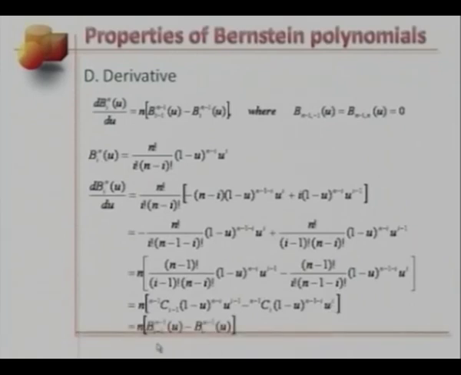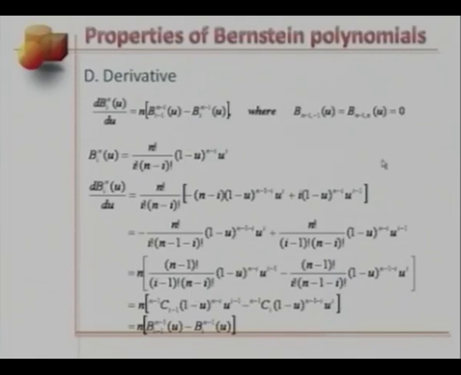And this is the (i minus 1)th Bernstein polynomial of degree n minus 1 minus the ith Bernstein polynomial of degree n minus 1, which is the same expression over here.